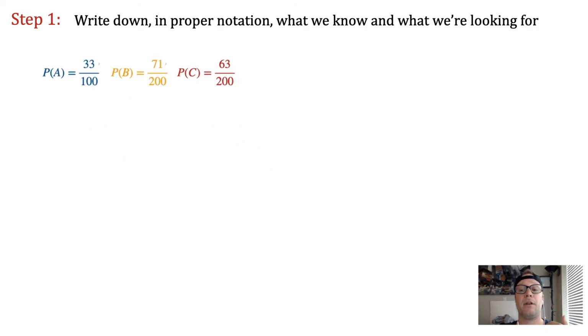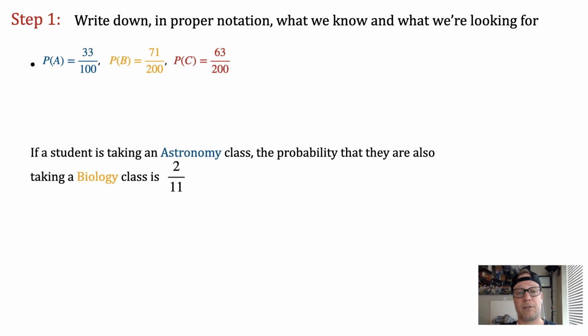But the next one, if a student is taking an astronomy class, the probability that they are also taking a biology class is 2 over 11. Well, there's no P of A or B or C here, so we have to find a better way to notate this. We have to do it with the proper notation.